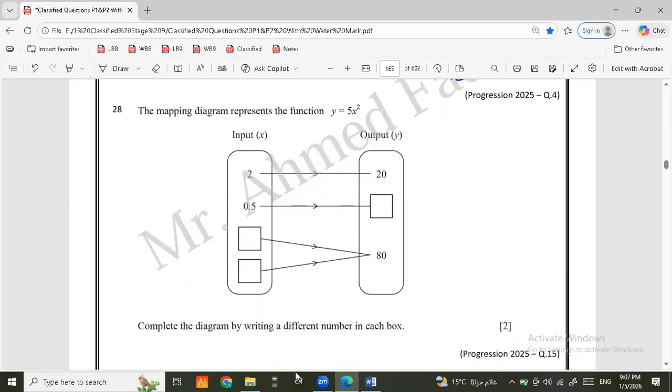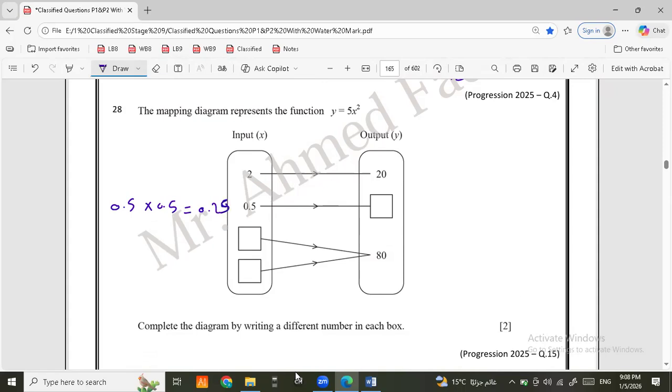The mapping diagram over here represents the function y equals 5x squared. The input is 2. So 5 times 2 squared, which is times 4, which is 20. So what is half squared? Half squared means half times half, which is a quarter, 0.25.